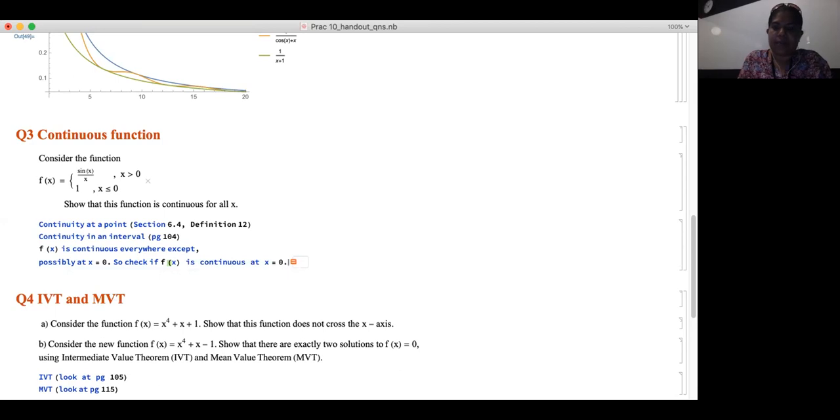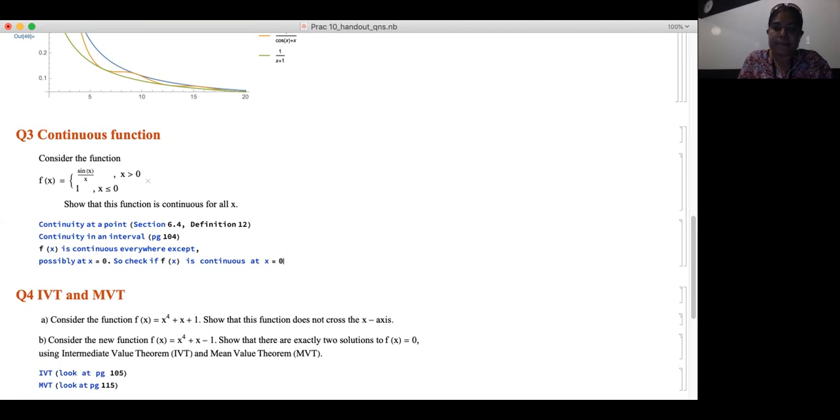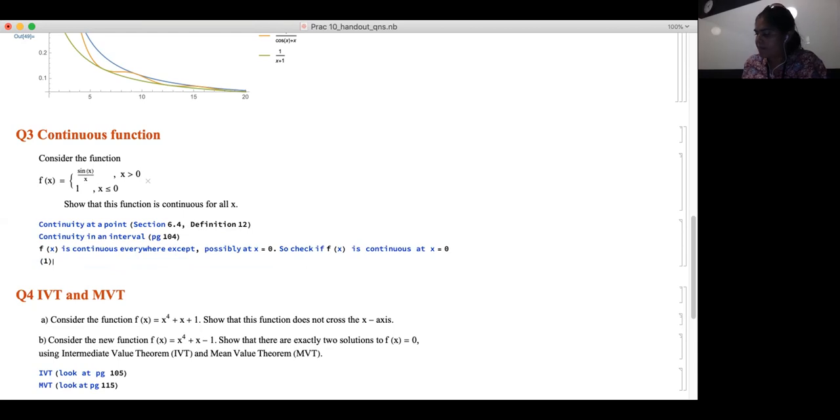There are some conditions that you need to check in that theorem, continuous at a point, definition 12. The first one is to check if f of 0 is defined. Is it defined? Yes.